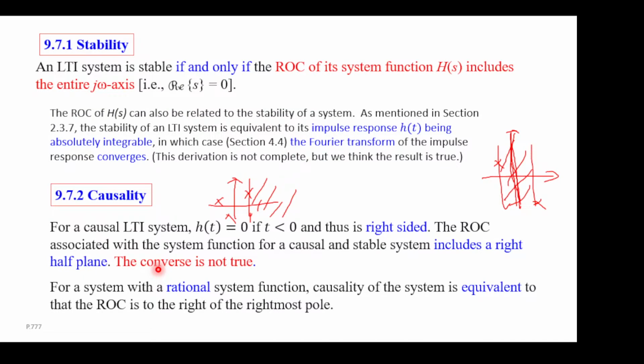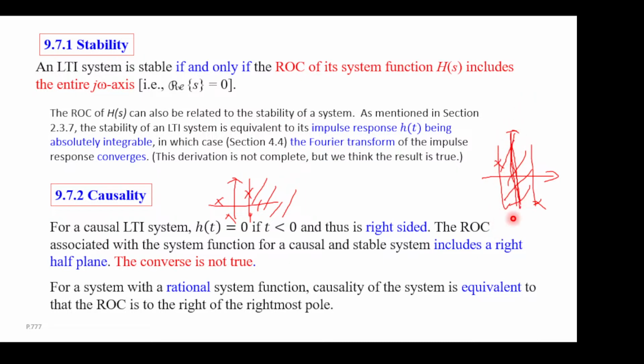Anyway, we want to talk about stability and causality. So here are the stability and the causality. They are a bit more complicated than what we had in chapter 2, where we talked about h of t. But anyway, if you want to look at the stability of your LTI system from big H, it is stable if and only if the ROC contains the j omega axis.